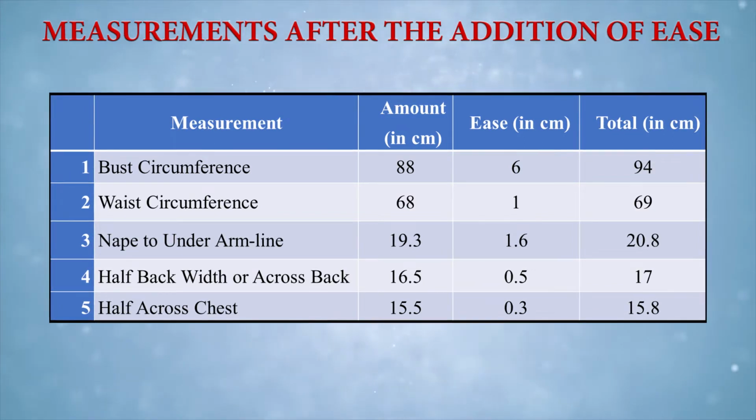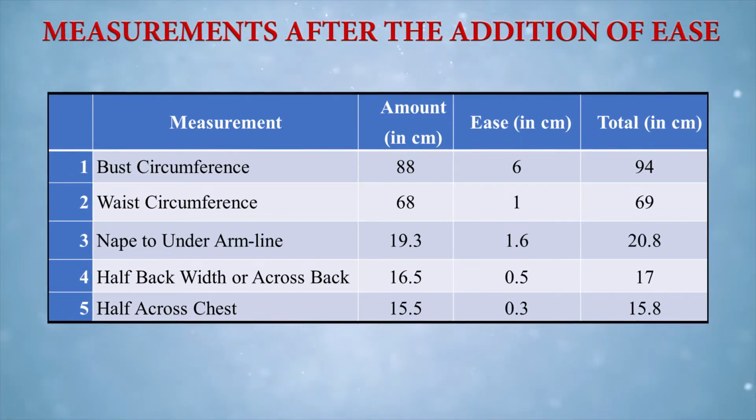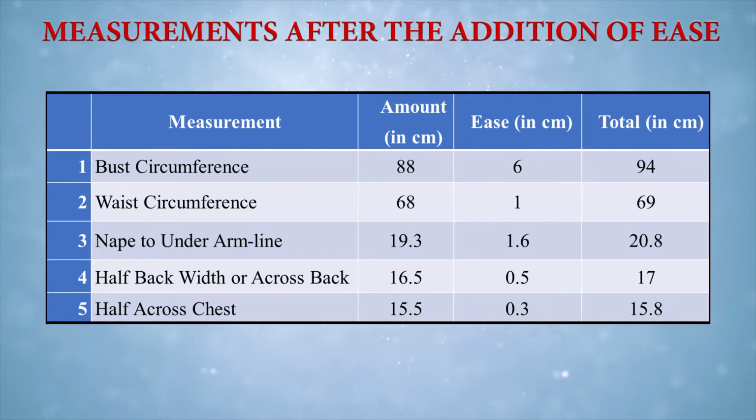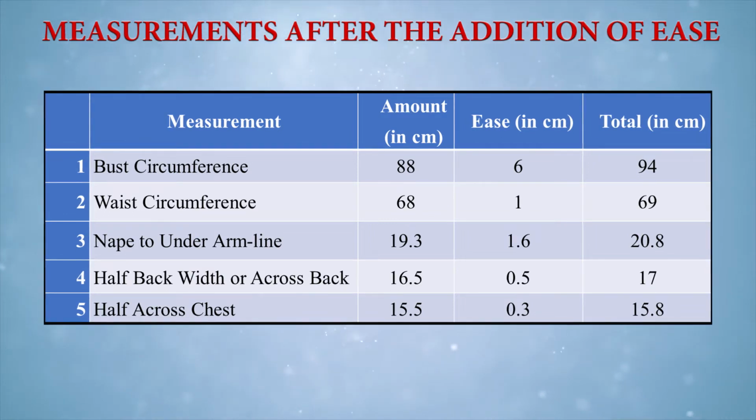So in this manner we add only 1 centimeter of ease on the waist, and like that, nape to underarm line we add 1.6 centimeters of ease, and so on. So you can find this table and calculate how ease is added on the pattern.